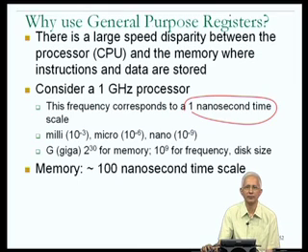So this is the reason that using general purpose registers makes a lot of sense to the program and to the programmer, because the processor is 100 times faster than the memory, and therefore if you have data which is frequently accessed, and every time it has to be accessed out of main memory, that's going to take 100 times more than if the data had been present in a general purpose register inside the processor itself, in which case it could have been accessed in an amount of time comparable to the time scale of the processor, a nanosecond or thereabouts.